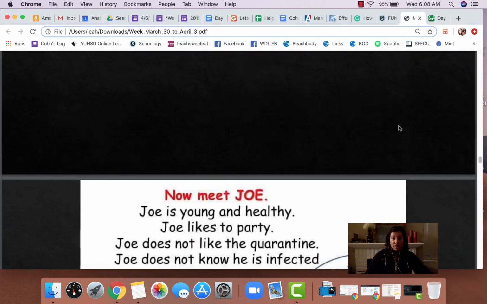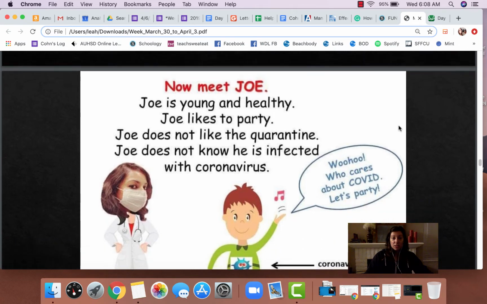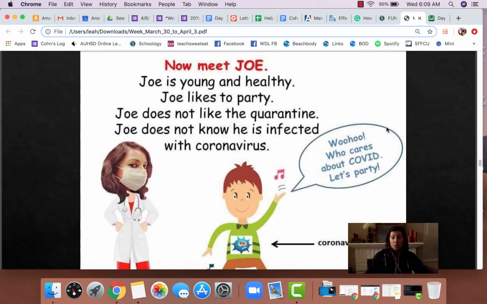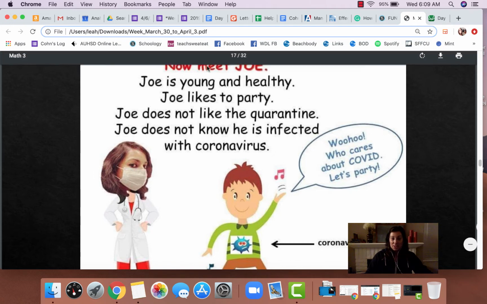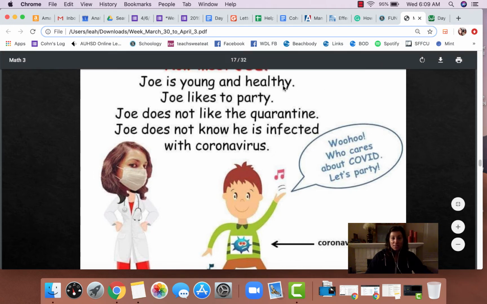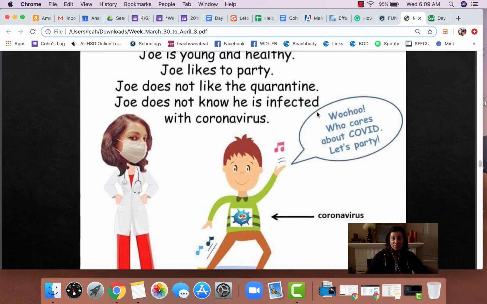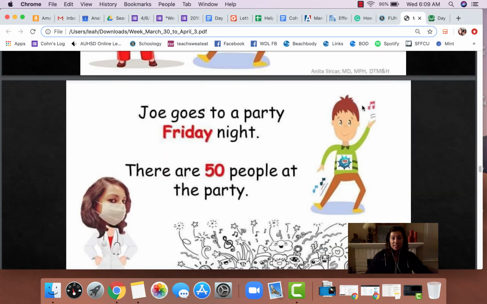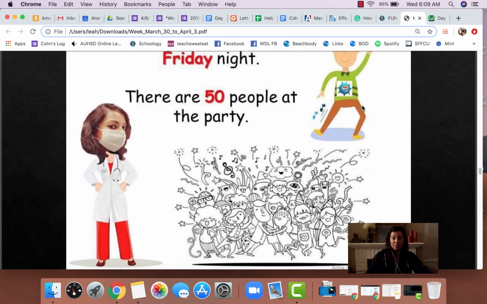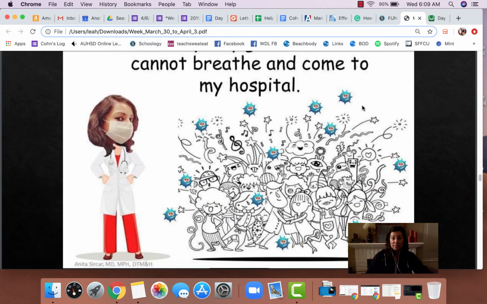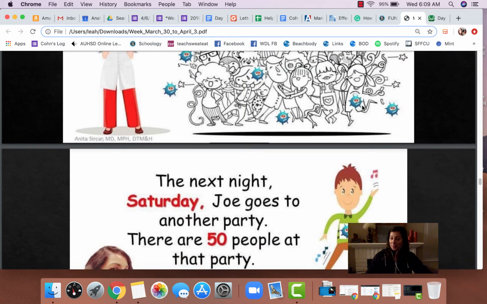And then there's a new section for the day 3, day 4 portion that has a quote-unquote real-life scenario. So we're going to pretend like Joe is a young and healthy guy, but Joe likes to party, and he does not like quarantine, and he does not know he's infected with coronavirus. He goes to a party. There are 50 people. 28 of those people get coronavirus after going to the party with Joe.